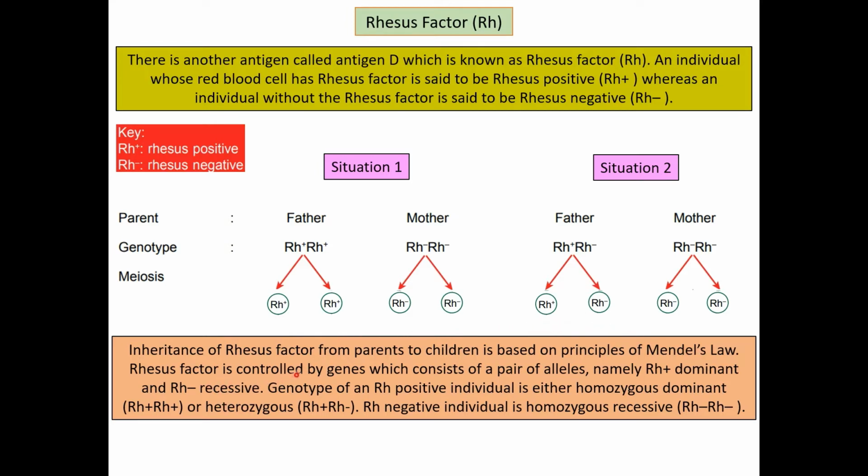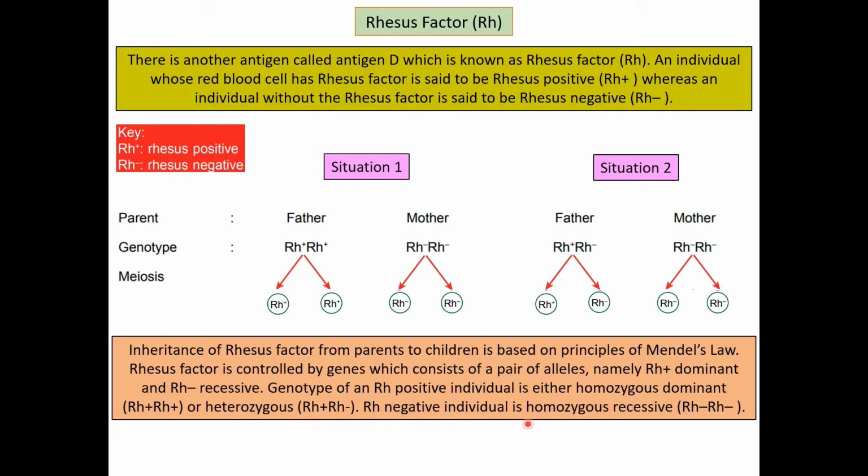Inheritance of rhesus factor from parents to children is based on the principle of Mendel's law. Rhesus factor is controlled by genes which consist of a pair of alleles, namely rhesus positive dominant and rhesus negative recessive. The genotype of a rhesus positive individual is either homozygous dominant or heterozygous rhesus positive.